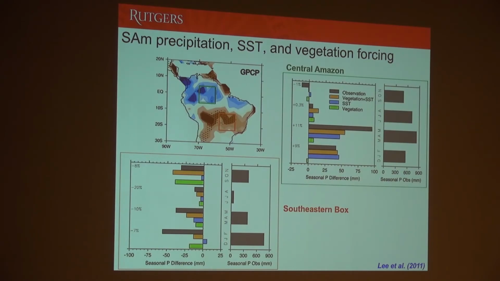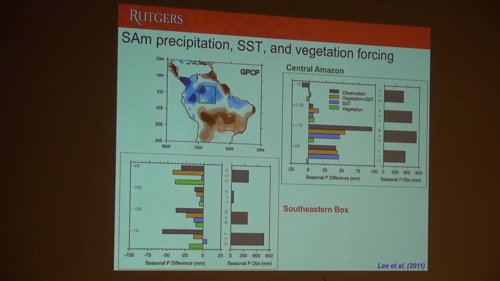So without going into too much detail here because I'm running short on time, we looked at these changes over the progression of the seasons. The big take-home message here is in this southeastern box, where there seems to be this particularly large effect of the vegetation change.